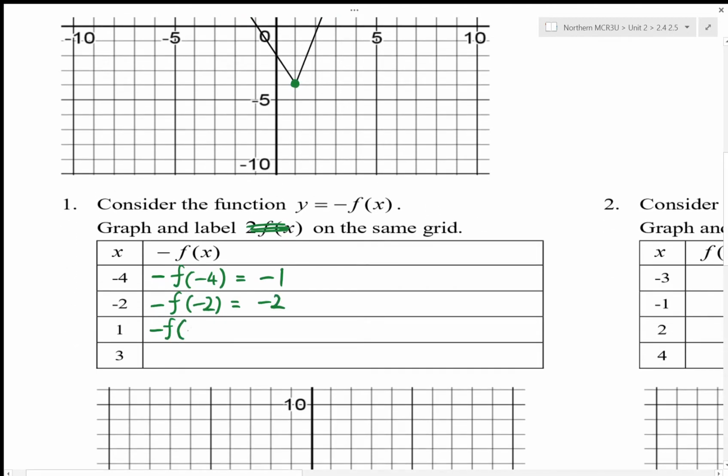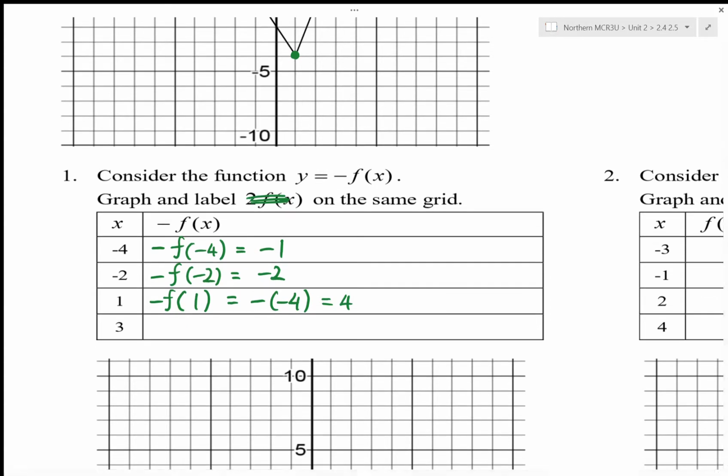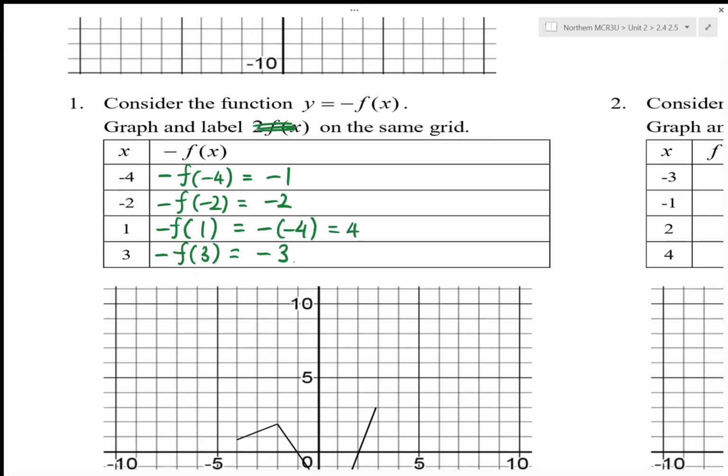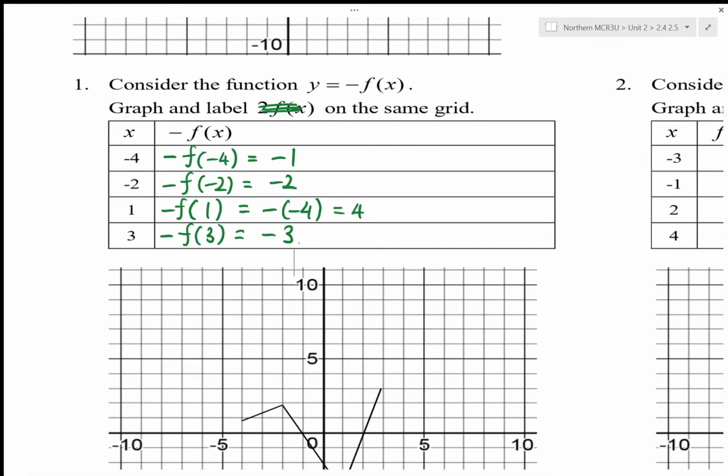Same thing with negative f of 1, which gives me negative, well, remember f of 1 was negative 4, right? So negative of negative 4 gives me positive 4. Lastly, negative f of 3 gives me, well, f of 3 was 3, so it will be negative 3. So we have these coordinates for our transformed function.